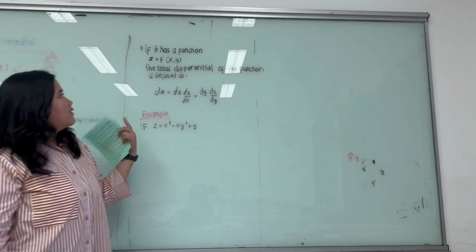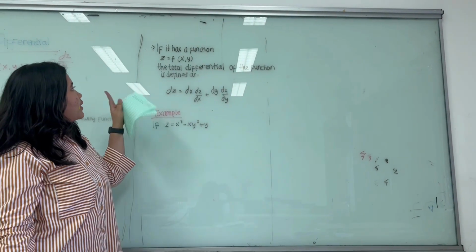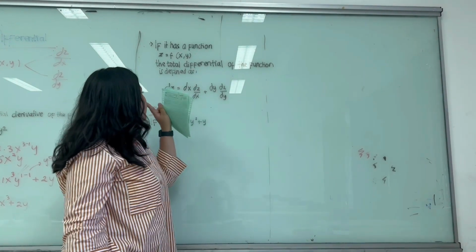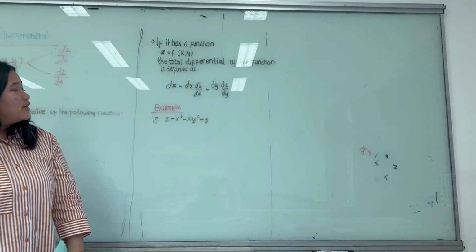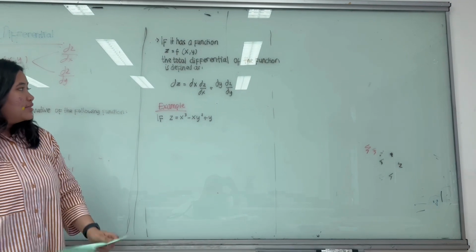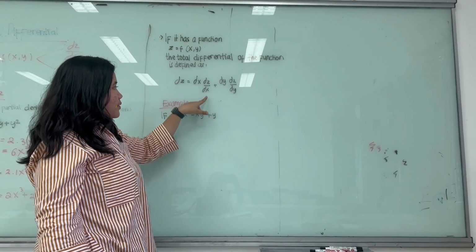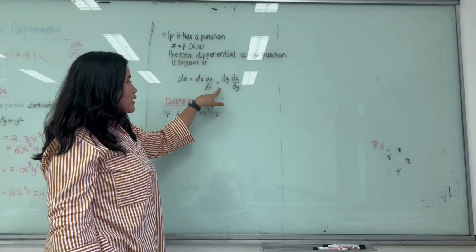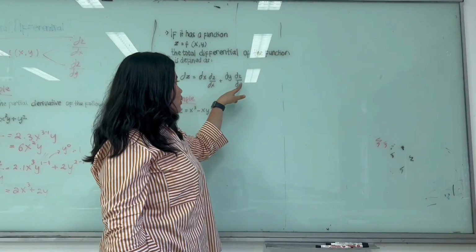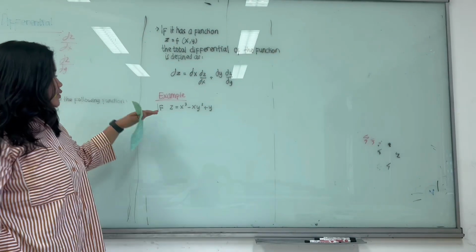If we have a function z equals f(x, y), the total differential of the function is defined as dz equals ∂z/∂x dx plus ∂z/∂y dy. So we go to the example.